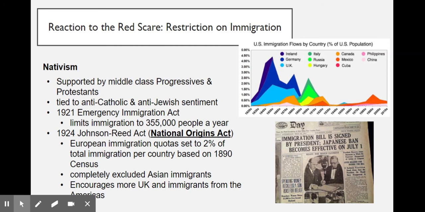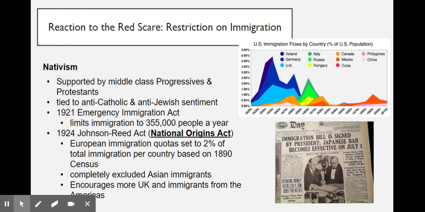But by 1921, there was an Emergency Immigration Act, and it was really targeted at what were seen as potential agitators. So their concerns were about anybody coming from Russia into the United States, and they limited immigration to about 350,000 people.